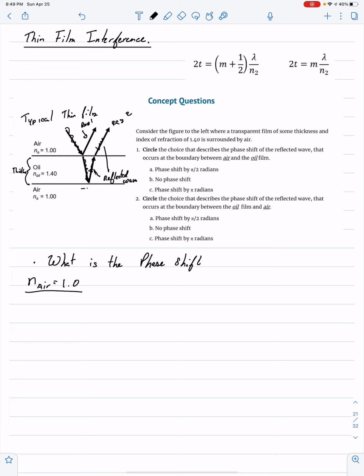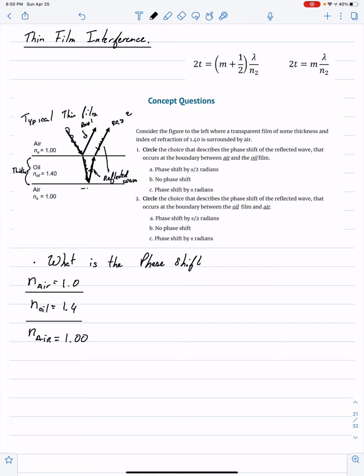Then we have another index of refraction in the thin film, which is oil, and that is 1.4. Right after it passes that thin film, we have another index of refraction, which is also air in this scenario. It's air, the thin film, and then another air. Think about it as a bubble.